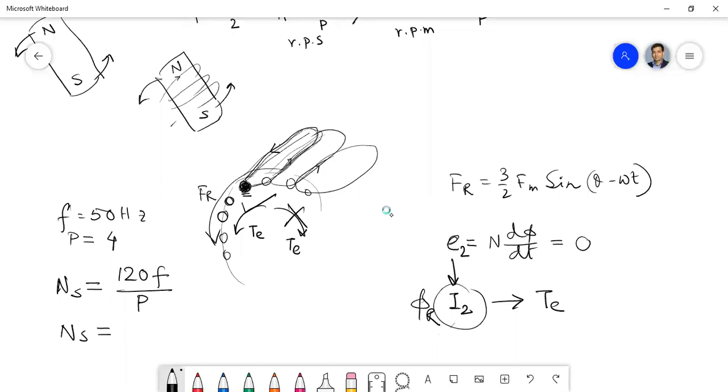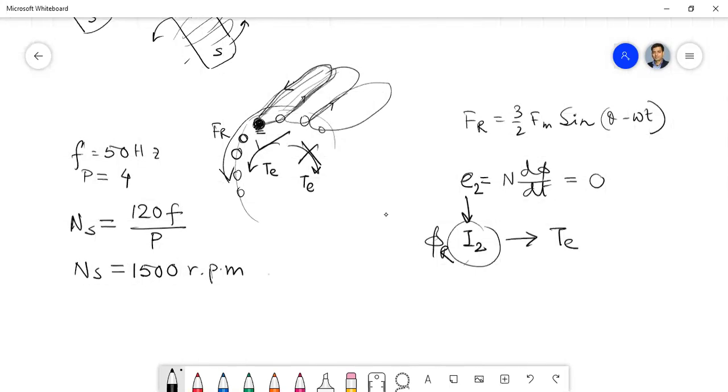Ns will be 1500 RPM, because capital N is used for RPM unit. So revolution per minute. So Ns will be 1500 RPM. Now the rotor speed, the actual speed of the rotor at any condition should be less than 1500.